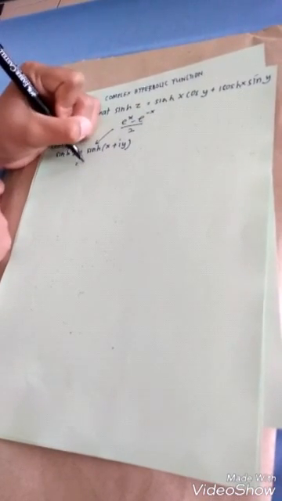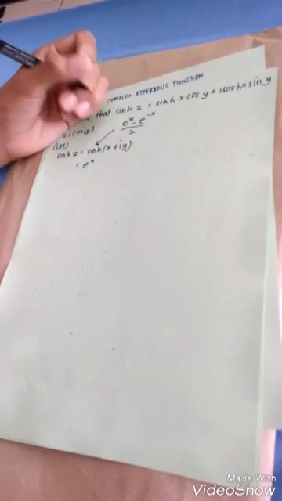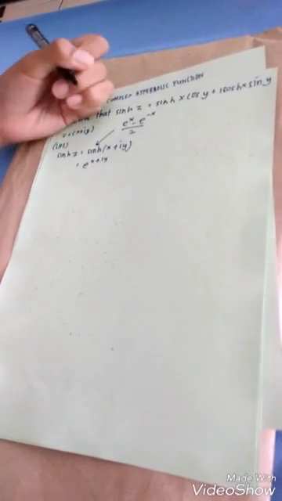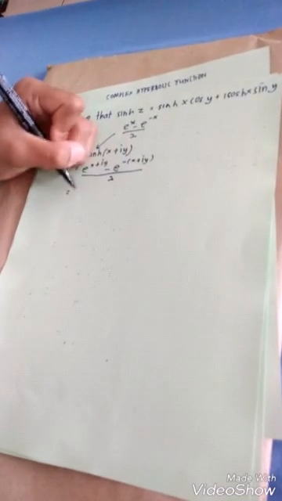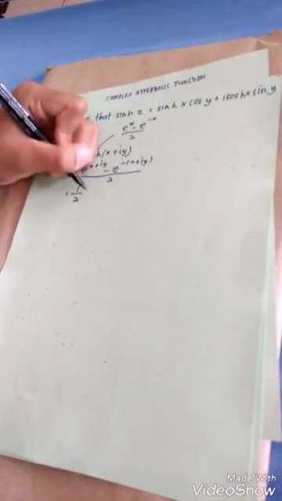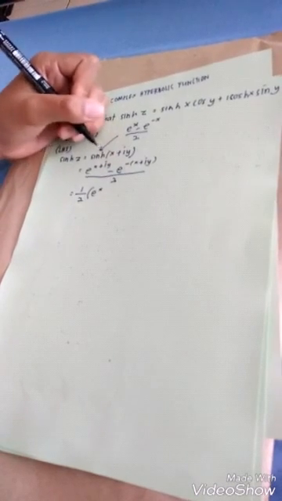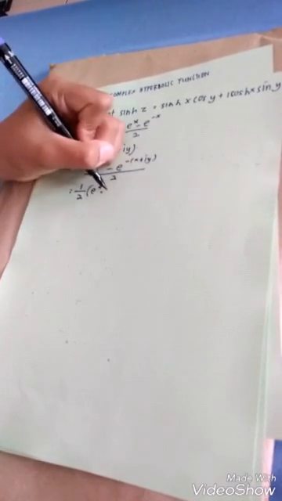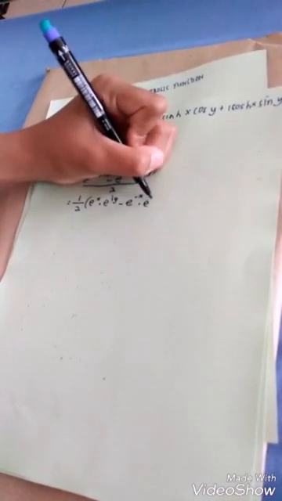Okay, so e^(x plus iy) minus e^(negative x plus iy) over 2. Okay, so we take the 2 out, it becomes 1 over 2 of e^x times e^(iy) minus e^(-x) times e^(-iy).